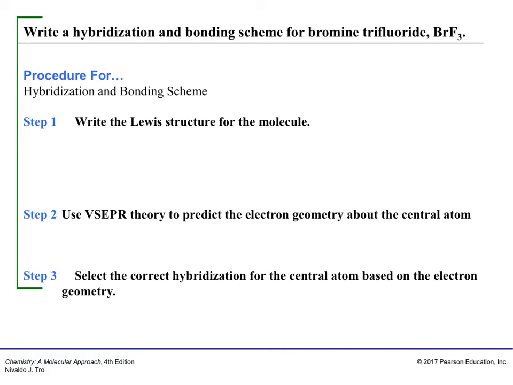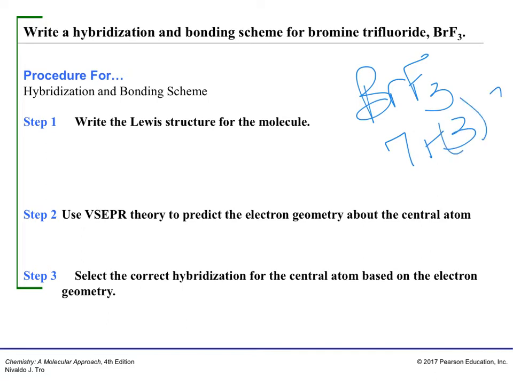So here's a practice one. What if I asked you, tell me about the hybridization of bromine trifluoride? It's probably worth reviewing how to draw a Lewis structure. The first thing you want to do is count valence electrons. Bromine has 7. Each fluorine also has 7.